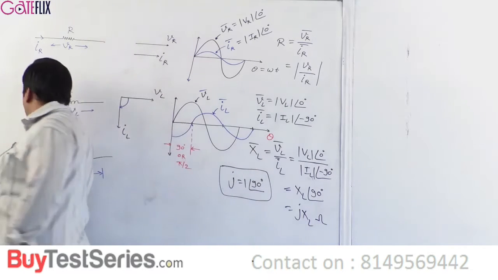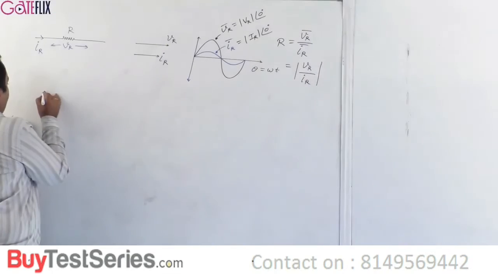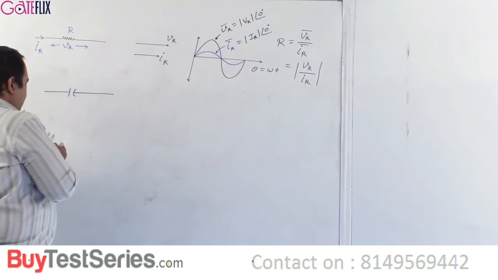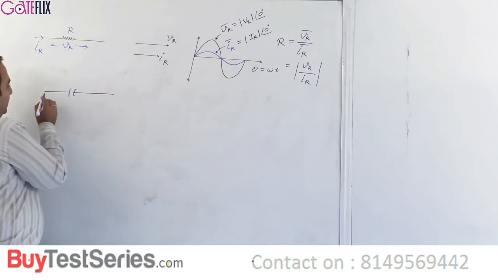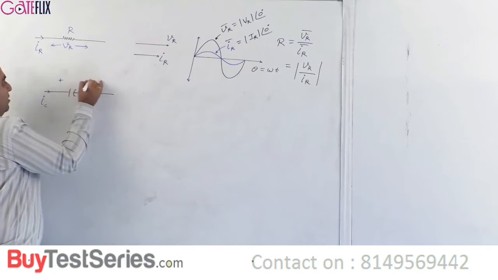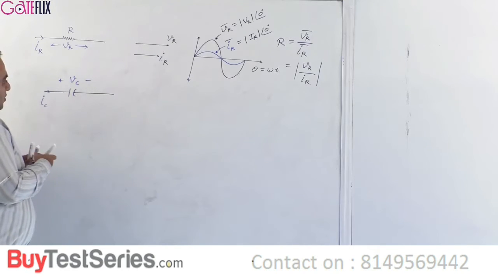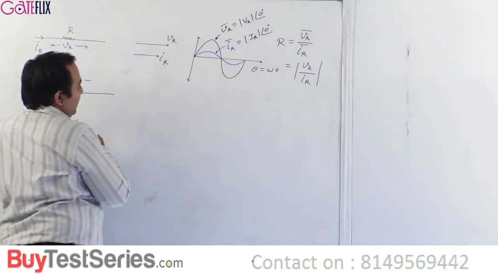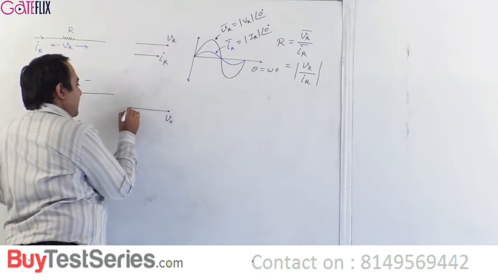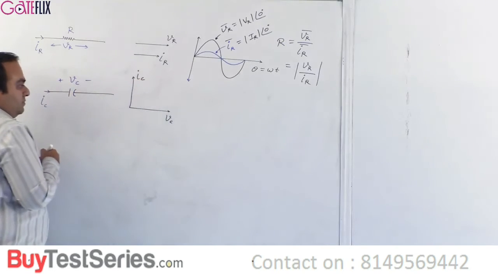If we talk about the capacitance, say this is your capacitance. The current through the capacitor is say IC, the voltage across it is say VC. Here the current will lead the voltage by 90 degrees. This is your IC.